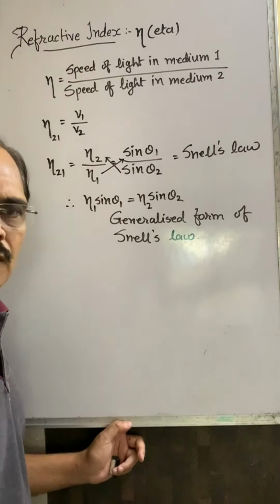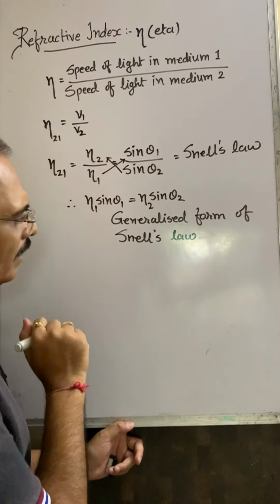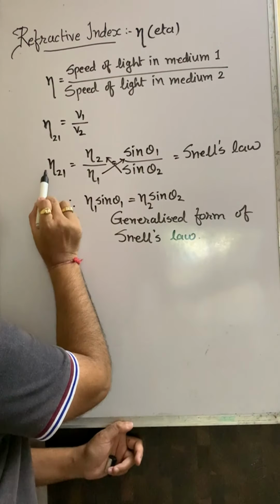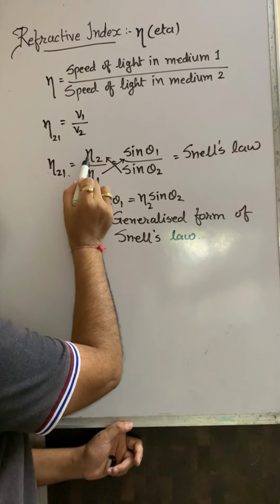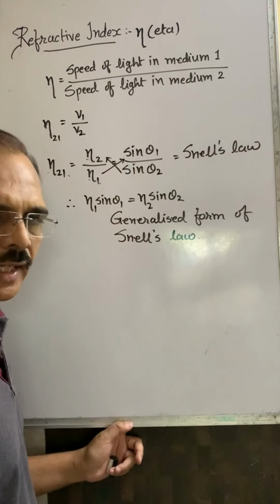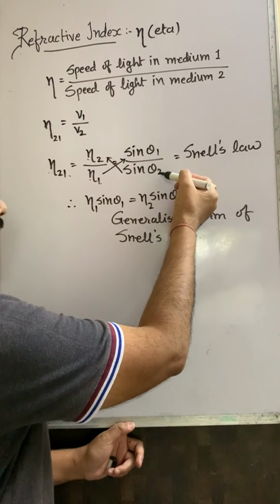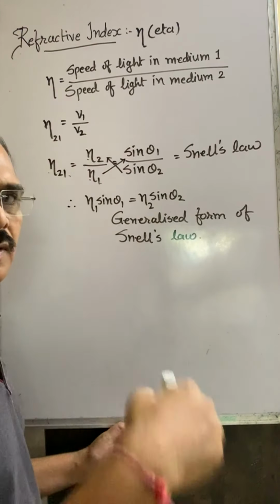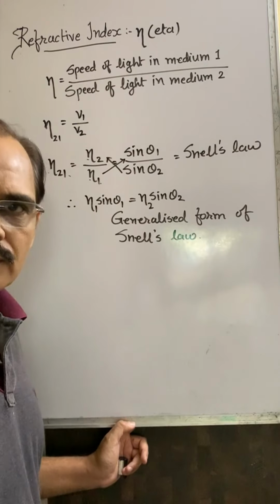Is it okay? So if it is eta 21, you have to write eta 2 upon eta 1, and in the language of sine or angle, sine theta 1 upon sine theta 2. Don't write theta 2 upon theta 1, because the angle changes.